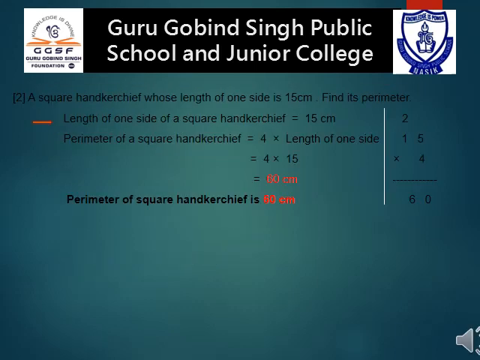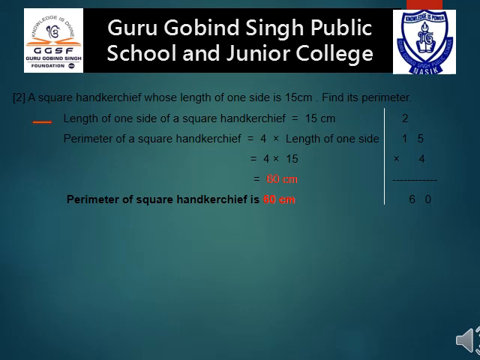Next, a square handkerchief whose length of one side is 15 centimeter. Find its perimeter. First here we will write the given part. Length of one side of the square handkerchief is equal to 15 centimeter. As we know that all the sides of the square are equal, and we also learned the formula of perimeter of a square.